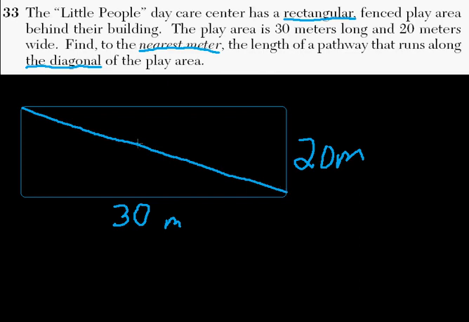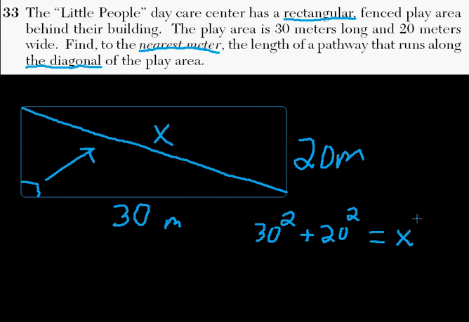And because it's a rectangular area, we know that this is a right angle. And we basically have a right angle where we're looking for this length, the hypotenuse, right? Because the hypotenuse is always opposite the right angle. So basically 30 squared plus 20 squared equals x squared.